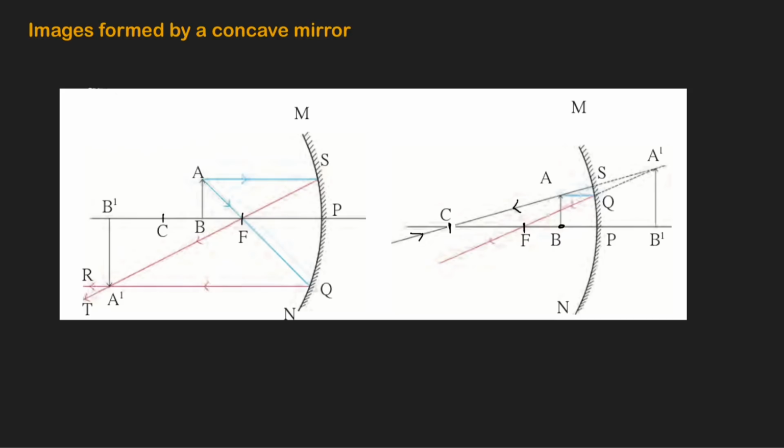They are not intersecting on the left side of the mirror. So we have to extend those rays in the backward direction, so they intersect at a point A dash, and we get the image of the object AB, which is A dash B dash. These are examples of image formed by the concave mirror, which depends on the position of the object.